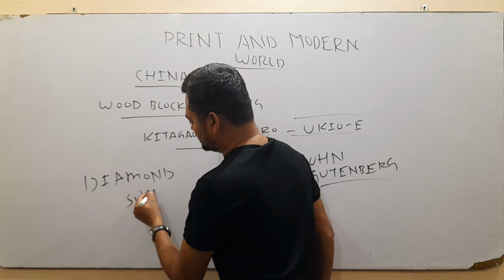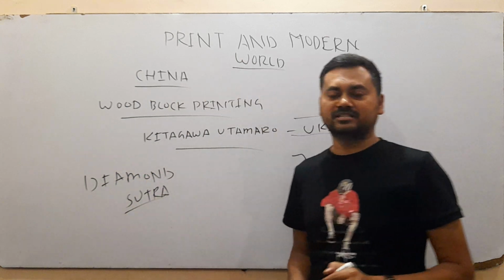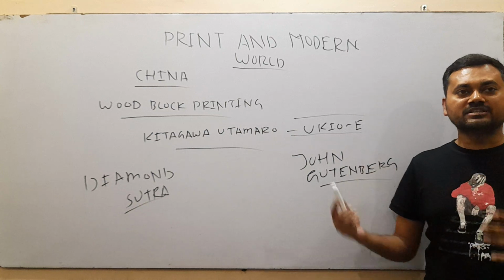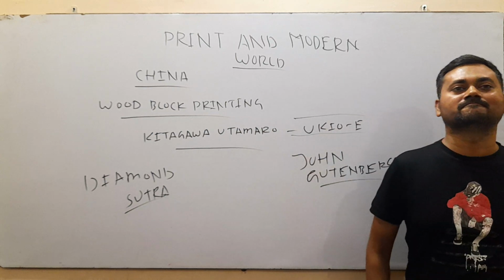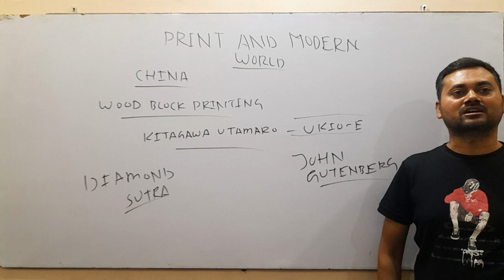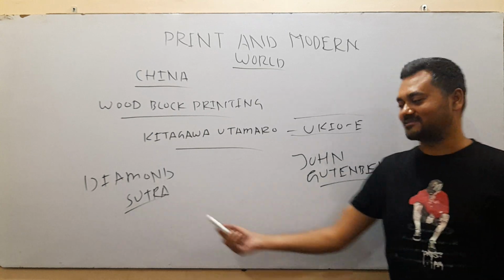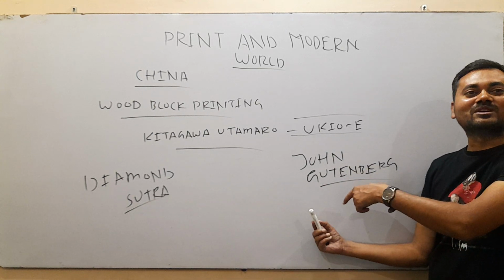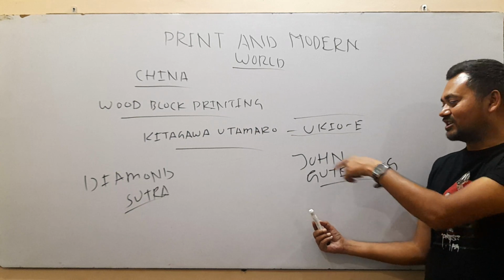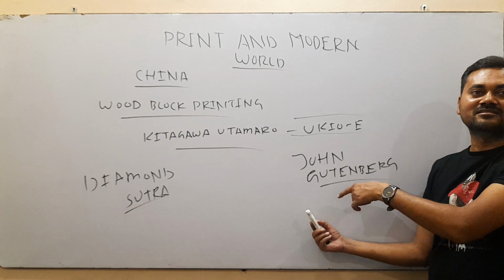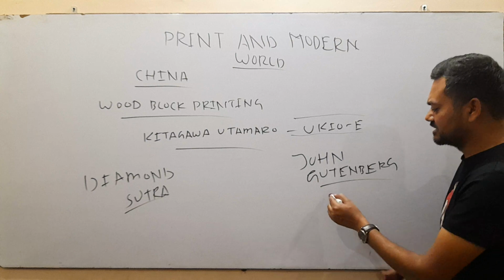You can see it was the first printed book in Japan related to Buddhism. But it was not printed by the printing press invented by John Gutenberg, because that comes very late, in 1430.